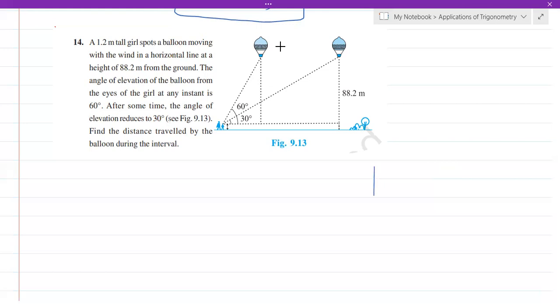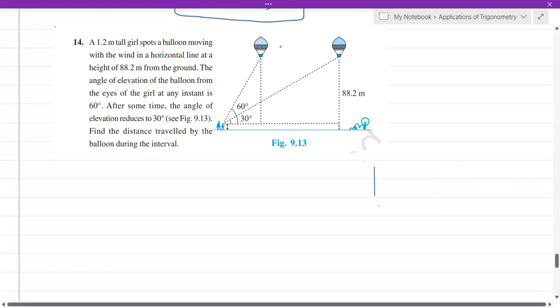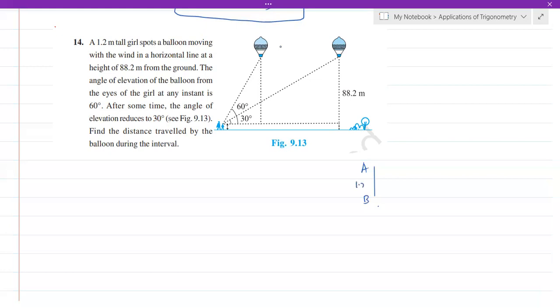Let's say AB is the height of the girl, and the height of the girl is given as 1.2 meters. Now, as you can see, she is watching a balloon. Assume this to be the balloon.